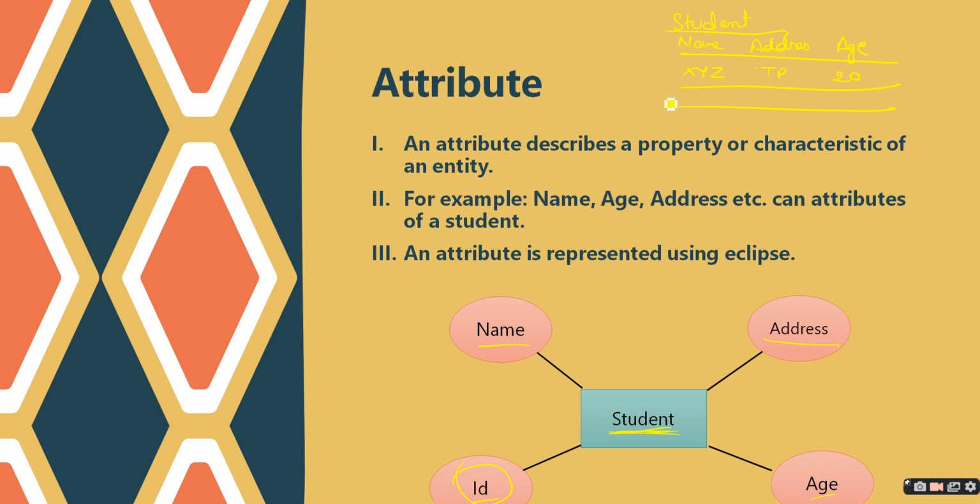There is a very high chance that there will be some different person with the same name, same address and maybe the same age as well. So we cannot clearly identify that this XYZ is different from this XYZ. In this case, when we don't have any column which uniquely identifies our persons or students, we are going to use an ID column.